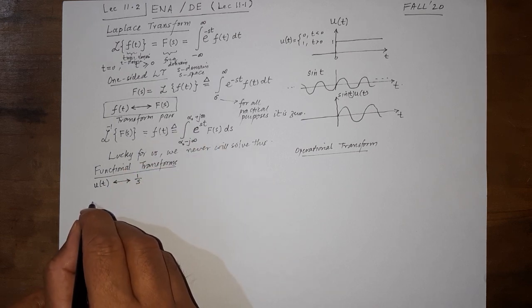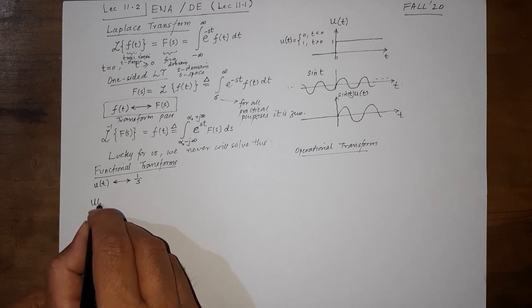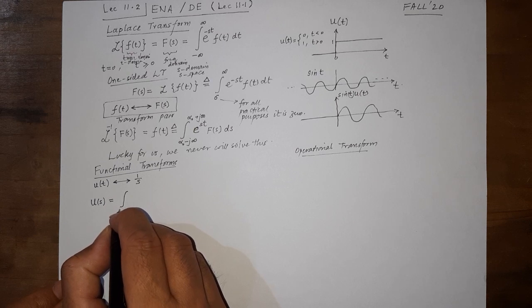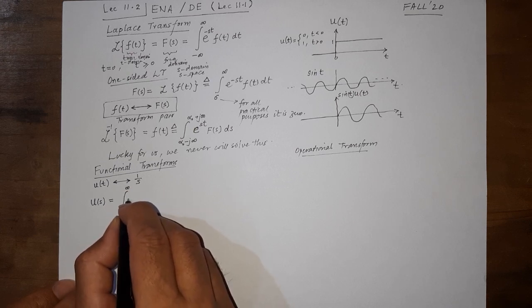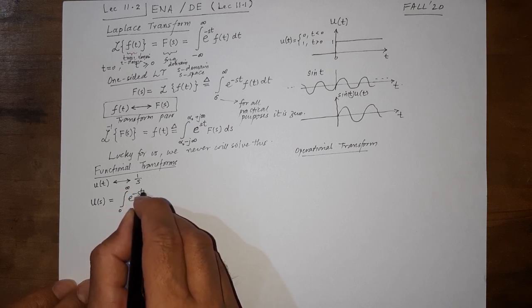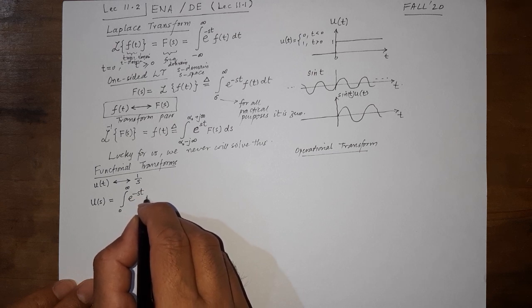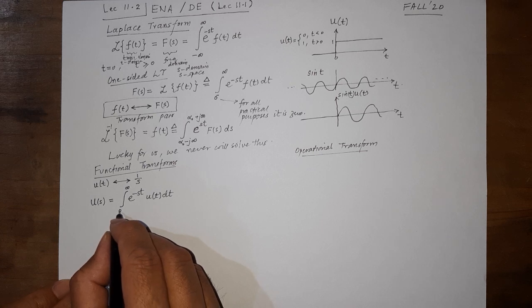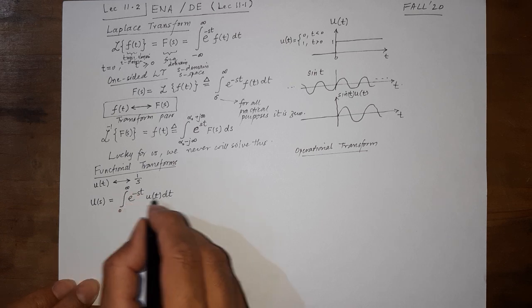So if u(t) is to be transformed, then by definition we are going to solve this integral e raised to the power minus st and u(t) dt. But for this interval of time 0 to infinity, u(t) is 1.